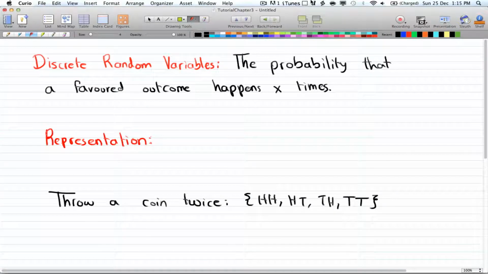Welcome to your 11th tutorial in Discrete Math 2, and now we're going to talk about discrete random variables, and that is the probability that a favored outcome happens x number of times. The representation for it is the probability that capital X equals a small x equals f of x.